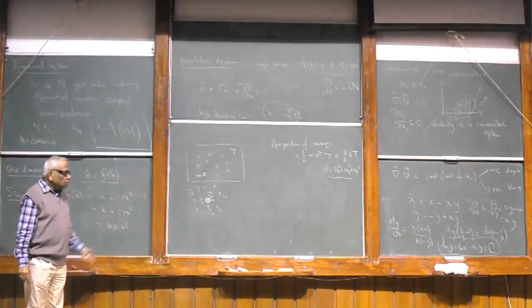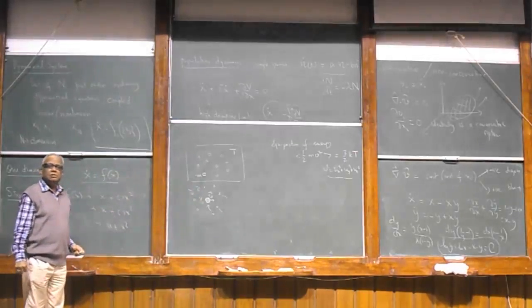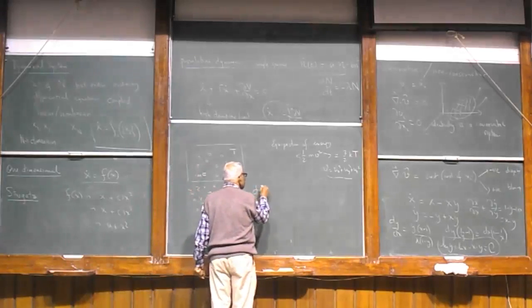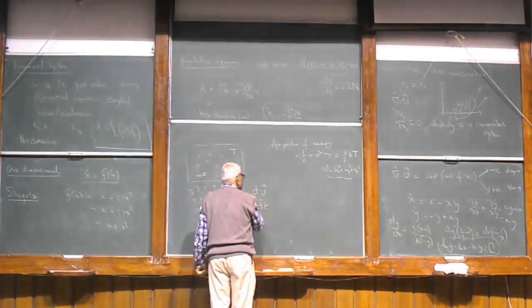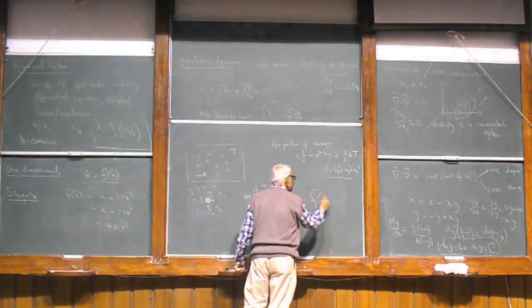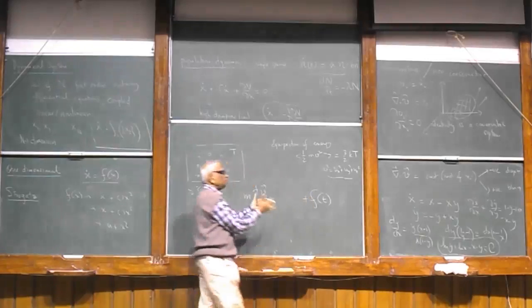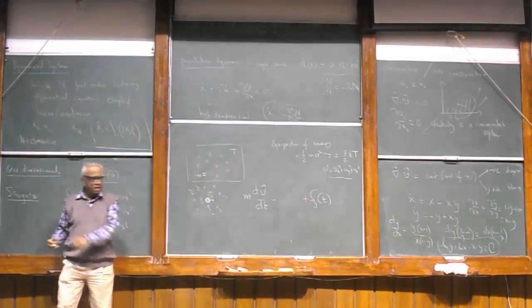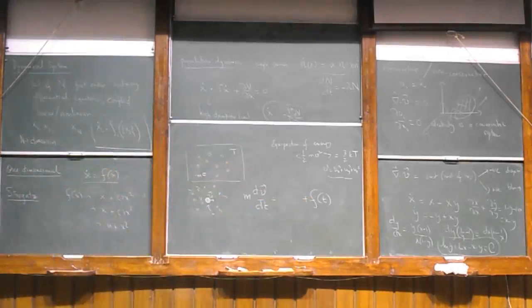Well, if I were to try and write down Newton's law for this, I would have to certainly add a sort of random force coming from the random hits that these other chaps are executing.